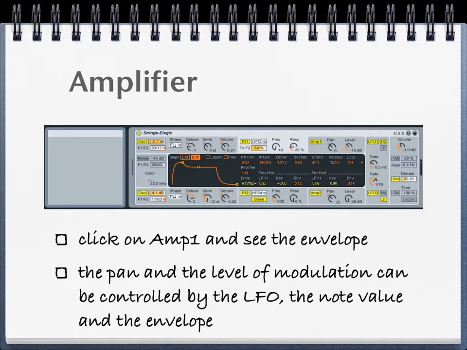Click on AMP1, Amplifier 1, and you'll see an envelope. It's not necessarily the same envelope. In fact, you can have a different envelope for these filters and amplifiers. What you can control, however, with the amplifier is the panning left or right, and also the level of amplitude modulation, the level of the gain for the amplifier, and that's controllable by the LFO note value and the envelope.